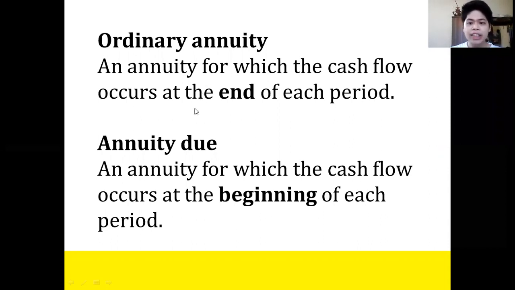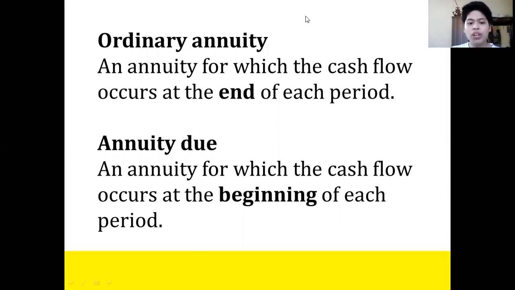Meanwhile, if the cash flow is at the beginning of each period, we call it an annuity due. So the two types of annuity are ordinary annuity and annuity due. What makes them different is when you will receive, or when the outflow will occur. Will it happen at the beginning or at the end of each period?